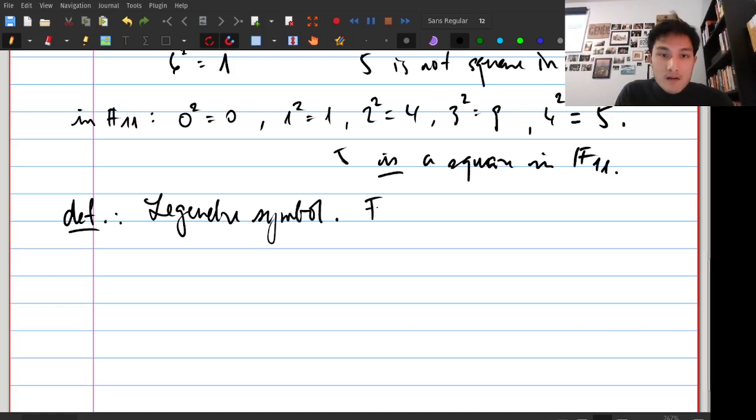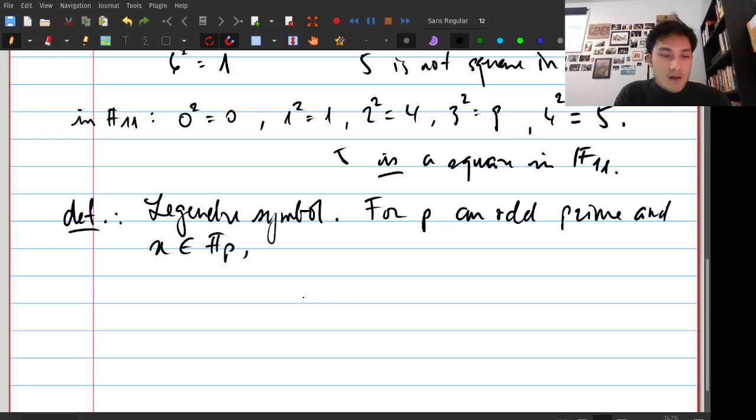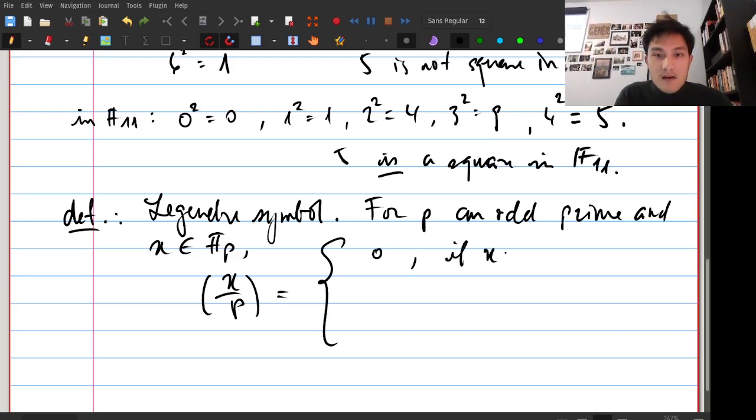For p an odd prime and x in F_p, we write x over p. It's the Legendre symbol, and it's one of 3 things. It's 0 if x equals 0.